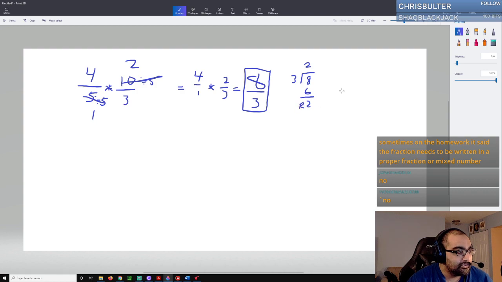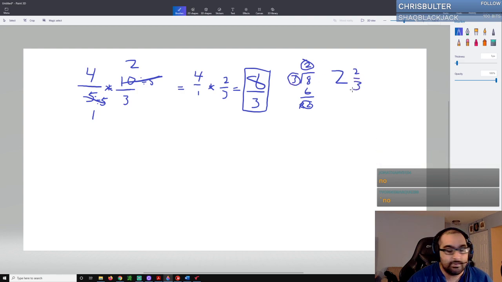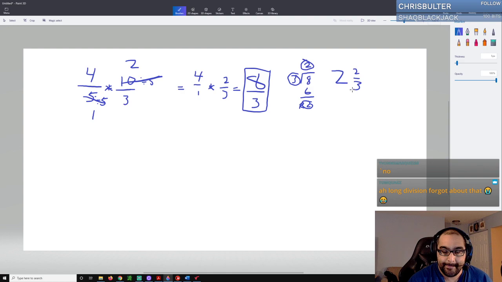Just the same thing as we did before. So this is our big number here at 2, our numerator of 2, and our denominator of 3. So you can always rewrite that as 2 2/3 at the end of the day. So if they ask you for a mixed number, there you go.